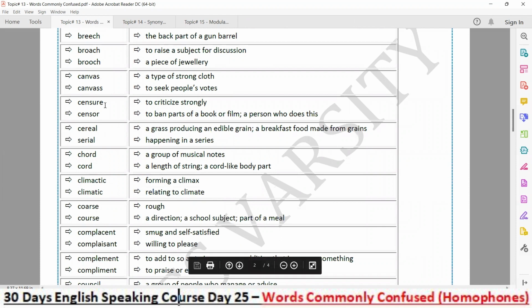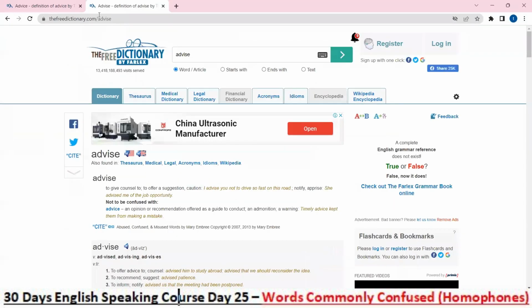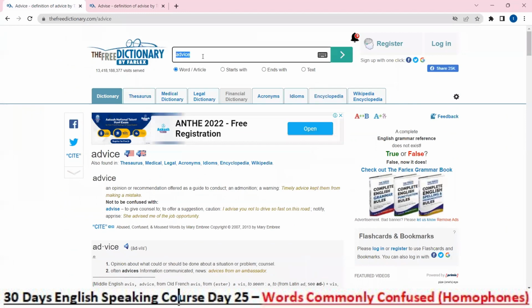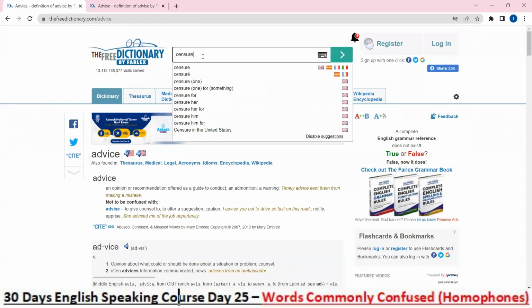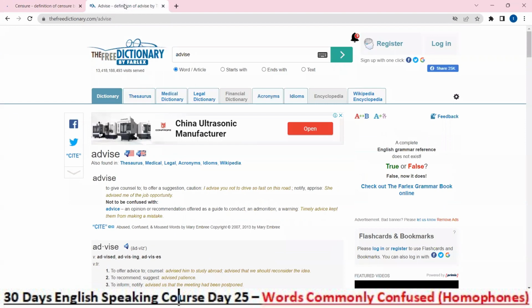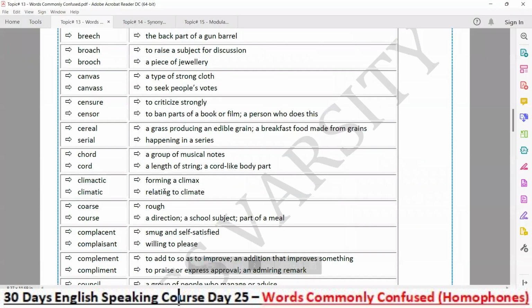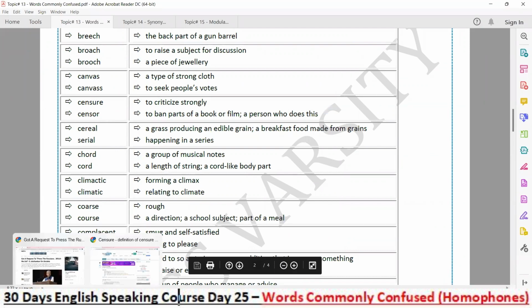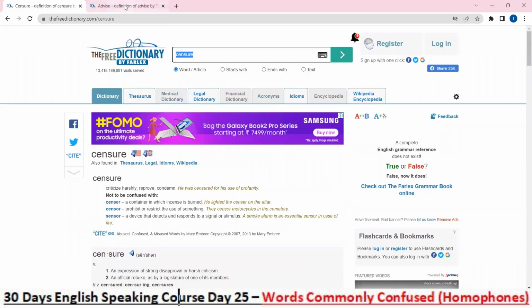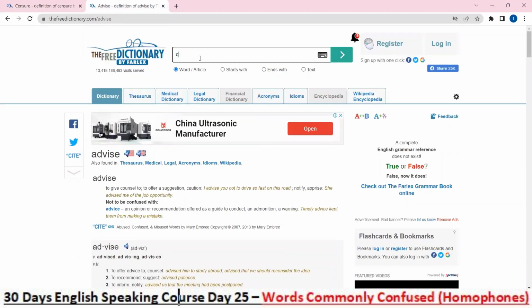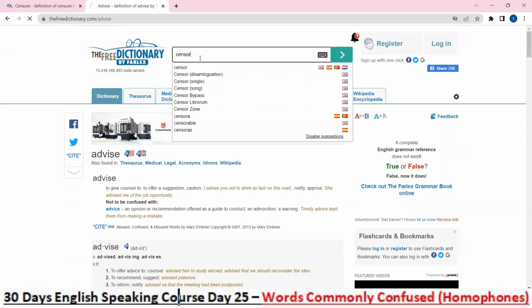This is it. Censure, to criticize strongly. So look at the pronunciation of these two. Censure, and another one is censor.